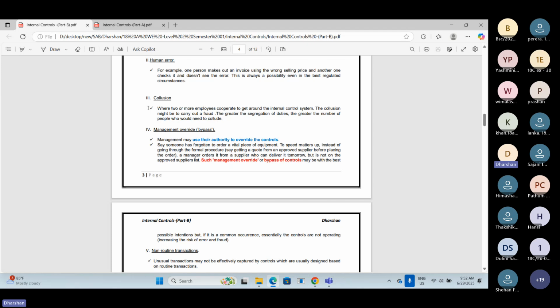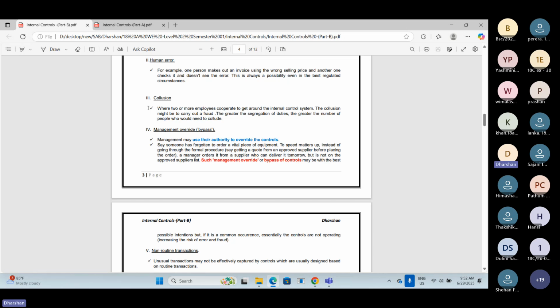Five staff have been involved in that one process, and good segregation of duties is there. Let's say five people are involved in the payment process. Why are we implementing the segregation of duties control?